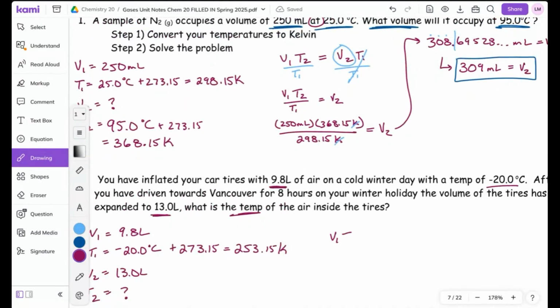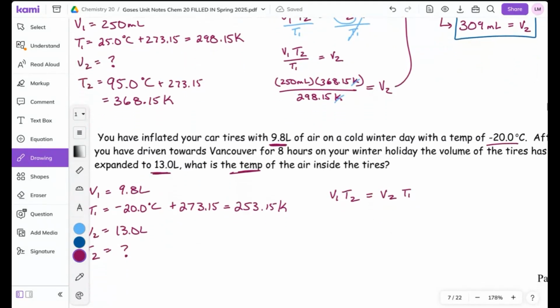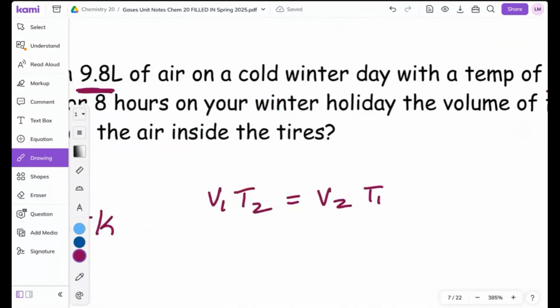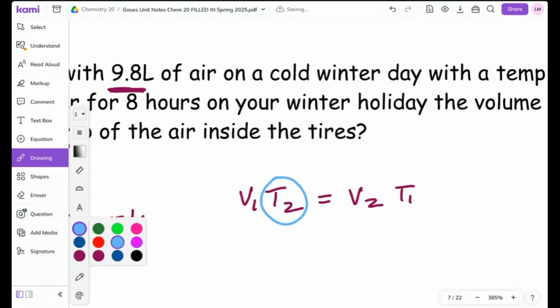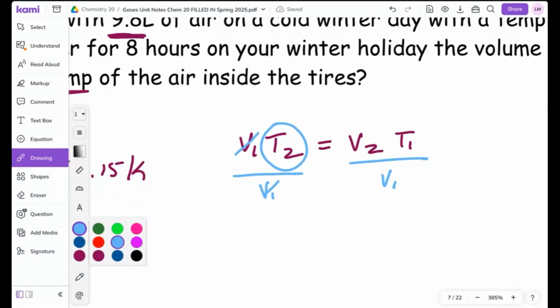I'm going to go V1 T2 is equal to V2 T1, and we want to figure out what T2 is. Multiplication is happening between V1 and T2, so we need to divide by V1 so that T2 gets by itself. So T2 is equal to V2 times T1 divided by V1.